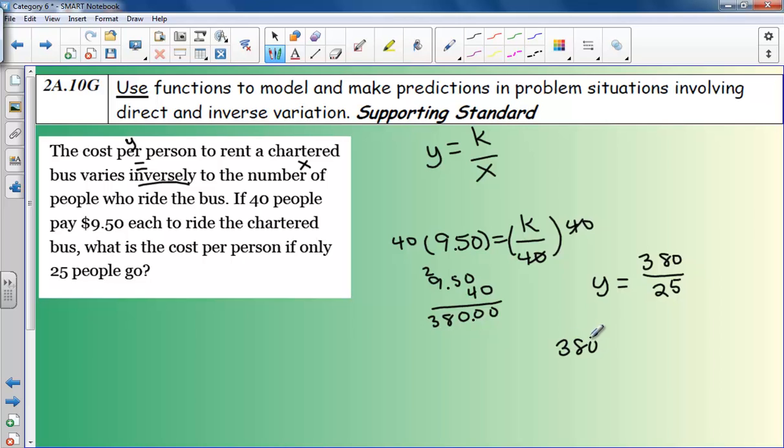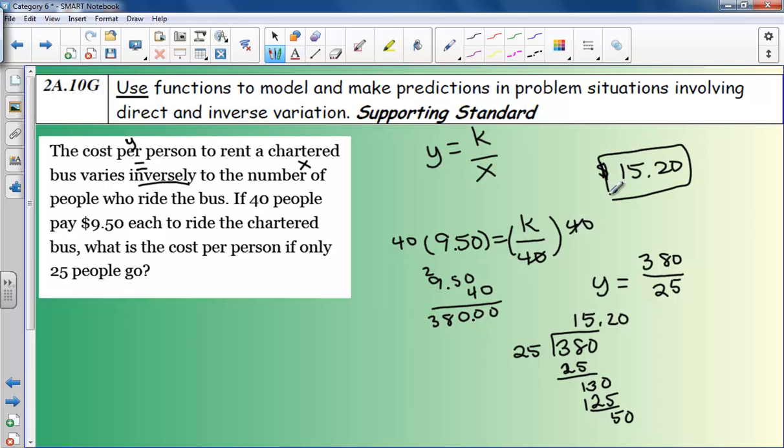I've got 380 divided by 25, goes in there once, remainder of 15, and go in there 5 times, be 125, remainder 5, and 2, so $15.20 should be the cost if only 25 people go.